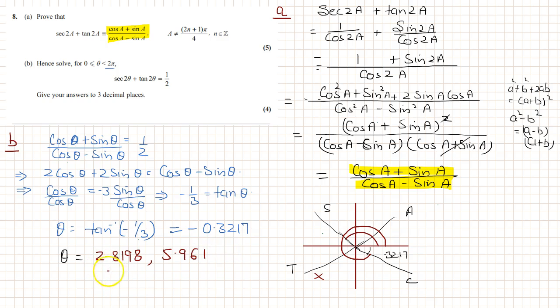To 3 places of decimal, so that will be 2.820 and 5.961 is the answer.